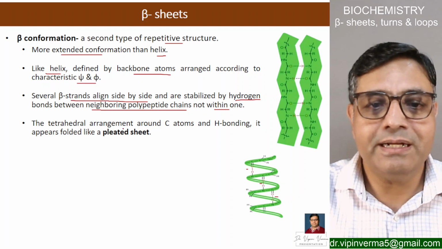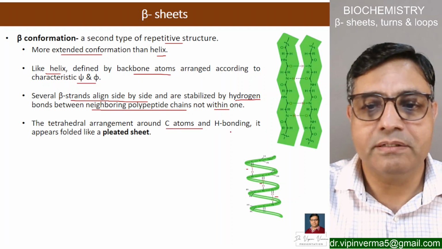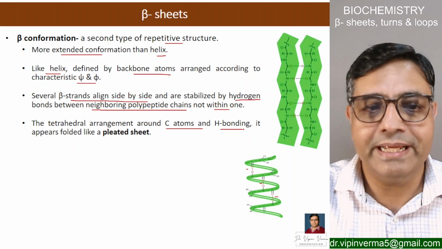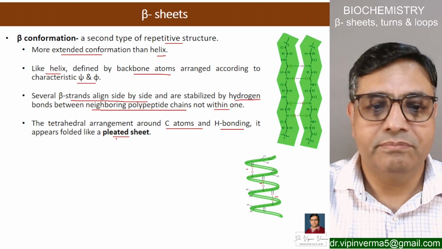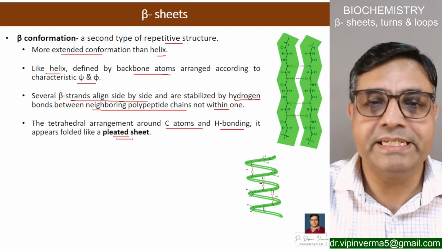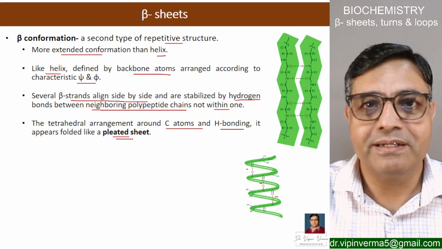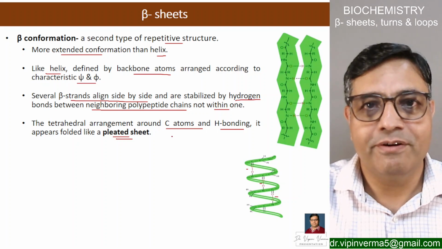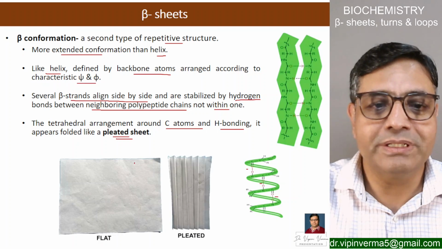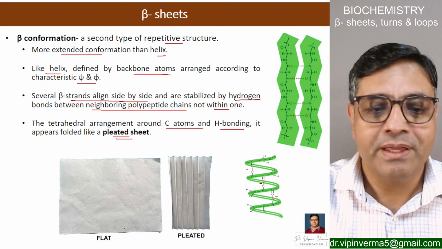Now, the tetrahedral arrangement around the carbon atoms and hydrogen bonding makes the sheet appear pleated. Now, you must have seen some pleated sheets, and in our childhood also we used to make such kinds of sheets by repeated folding. Okay, now how it is made you can see in this diagram or in this picture.